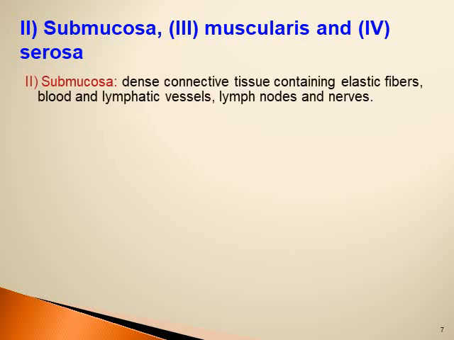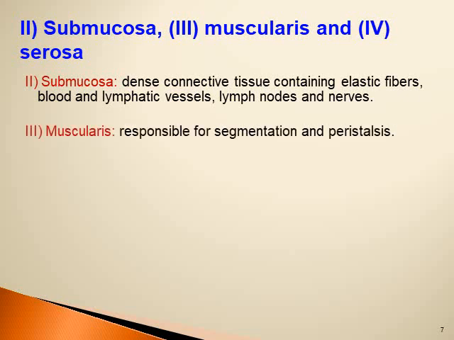The submucosa is a dense connective tissue containing elastic fibers, blood and lymphatic vessels, lymph nodes and nerves. The muscularis is responsible for segmentation. The contraction of the circular and longitudinal layers is responsible for segmentation and peristalsis, and these are movement patterns that happen in the alimentary canal.